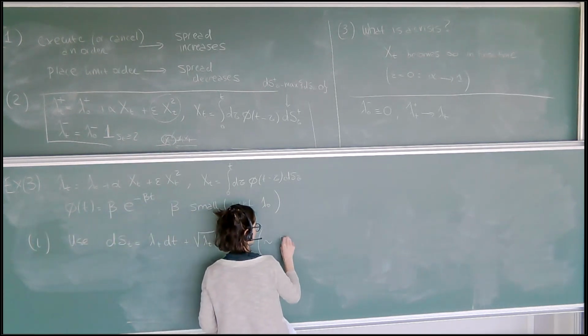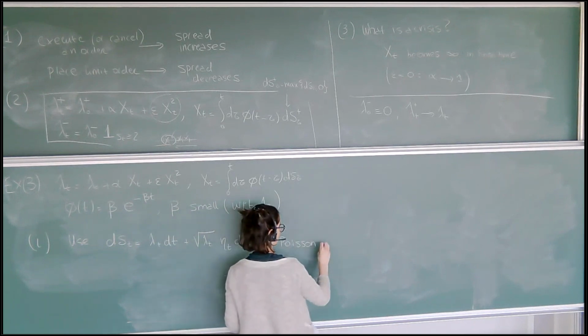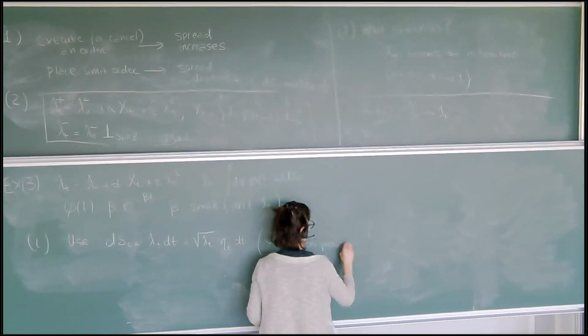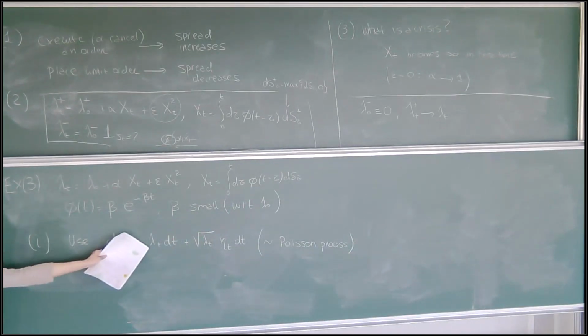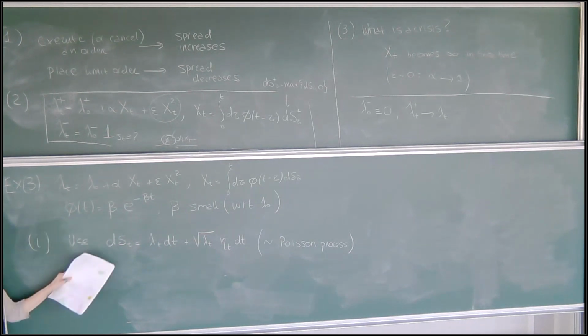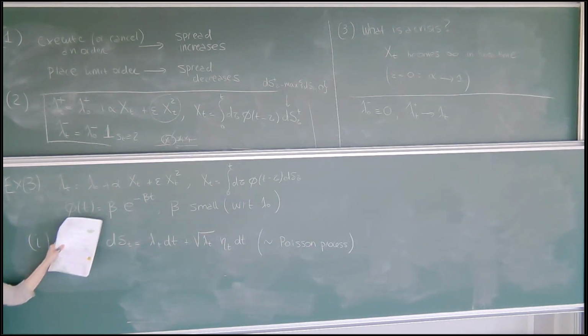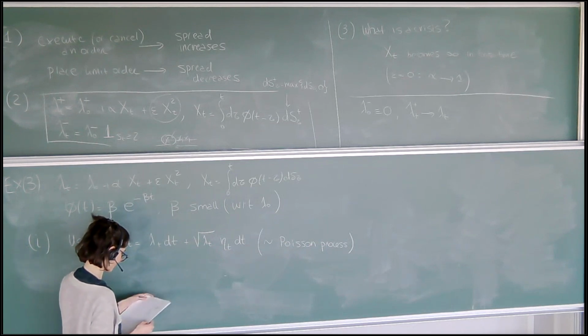So it has the same structure of a Poisson process, but now you still have this dependence on time in your rate λ(t). As I said, you can argue this more rigorously using the fact that β is sufficiently small so that your kernel does not vary very fast.